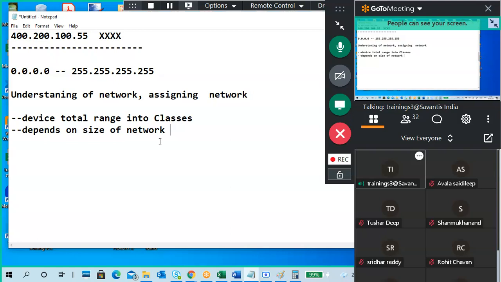So it depends upon the size of the network. Size of the network means how many hosts are in the network. We call that the size of the network. Got the point, guys?